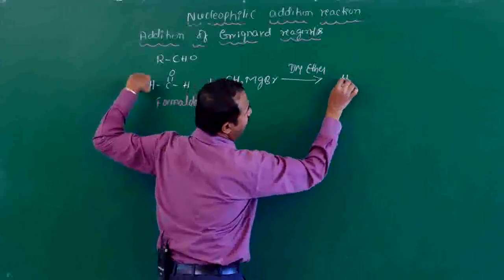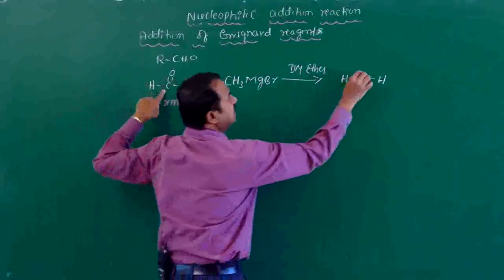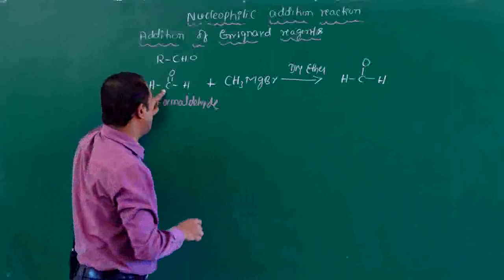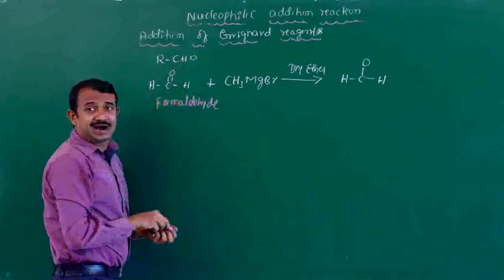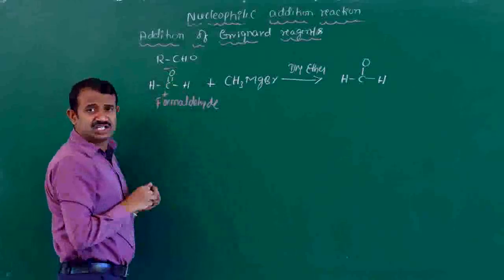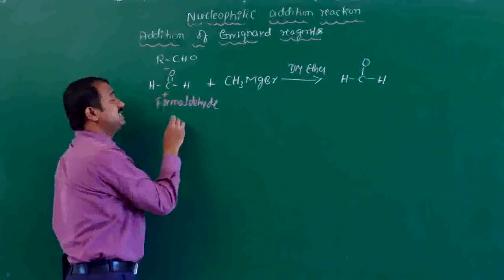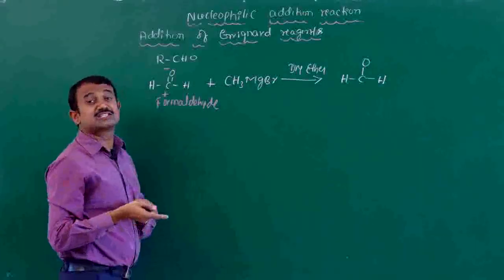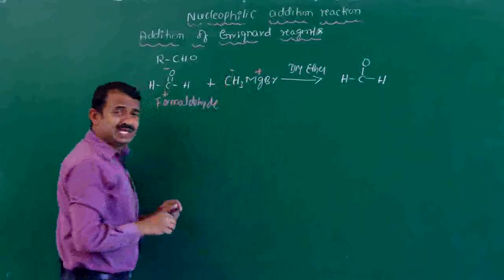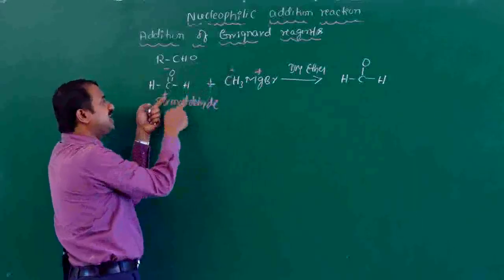Here the double bond is converted to a single bond. This is an electrophilic carbon: the carbon is positively charged and oxygen is negatively charged. When the double bond is converted to a single bond, sp2 hybridization is converted to sp3 hybridization. MgBr is positive and methyl is negative.